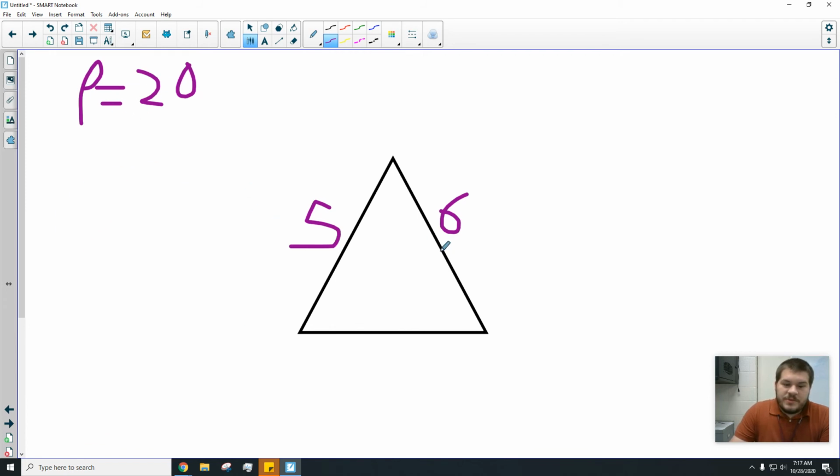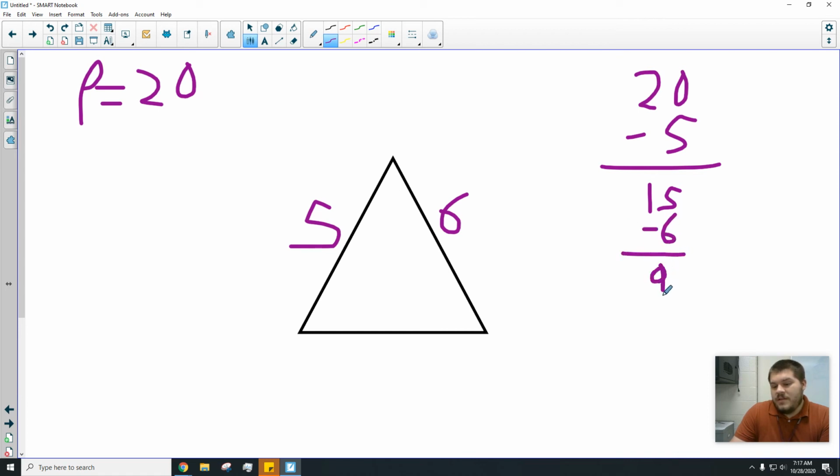So we know the perimeter is going to be the sum of all the sides. So one thing we can do is we can take that 20 and we can subtract the 5 to give ourselves 15. And we can subtract the 6 to give ourselves 9. And that means that this 9 has to go right here.